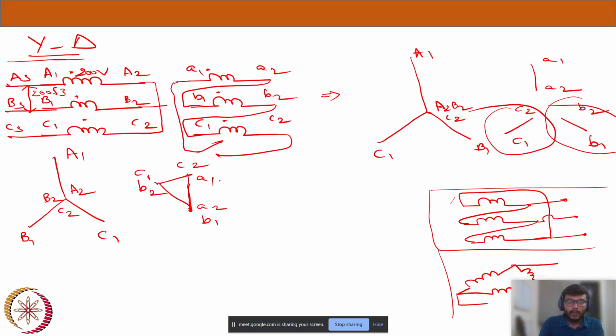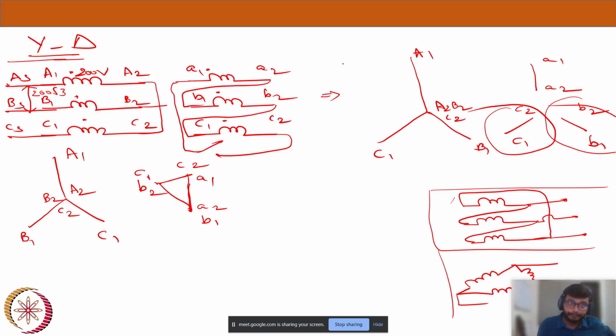The reason I haven't connected here is that I want to make sure before connecting whether I am shorting a zero potential or a high potential. If there is a very high voltage, circulating currents will flow, the winding might burn, and my transformer will get damaged.